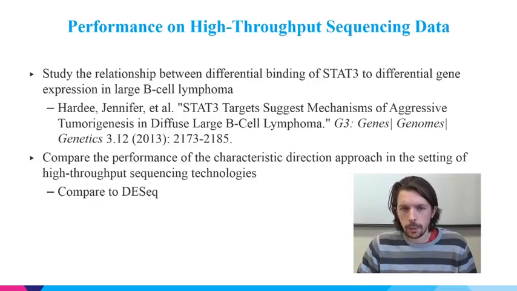Here we wanted to address the question of whether this also might be a good way of looking at gene expression in the context of new high-throughput sequencing technologies. In this case, there are fewer data sets to work with, but we've tested one which derives from this paper studying the role of STAT3 in the mechanism of tumorigenesis in large B-cell lymphoma.